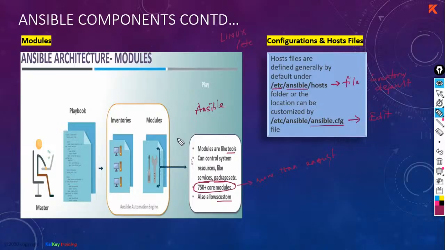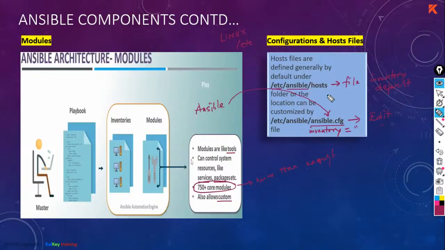So instead of looking by default into the hosts file, it will look into yours, because when the playbook is executed, the first thing it will do is check the configuration available under ansible.cfg, and whenever it finds something mentioned as the inventory parameter equal to some customized name, then it will never go and look into the hosts file as the default inventory file.